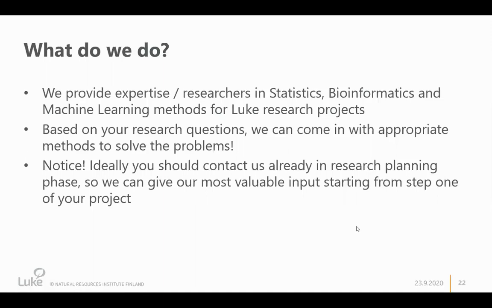Especially in Luke, I always want to promote the idea that we would like to be included already in the research planning stage, because that's often the place where we can give the highest input for the project when we are already part of the planning.